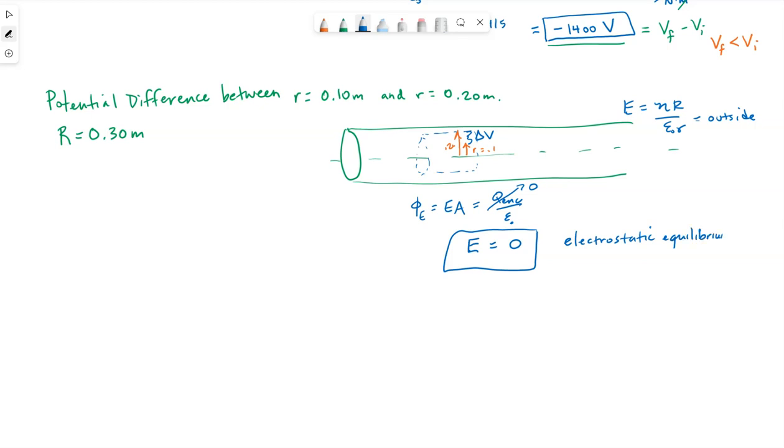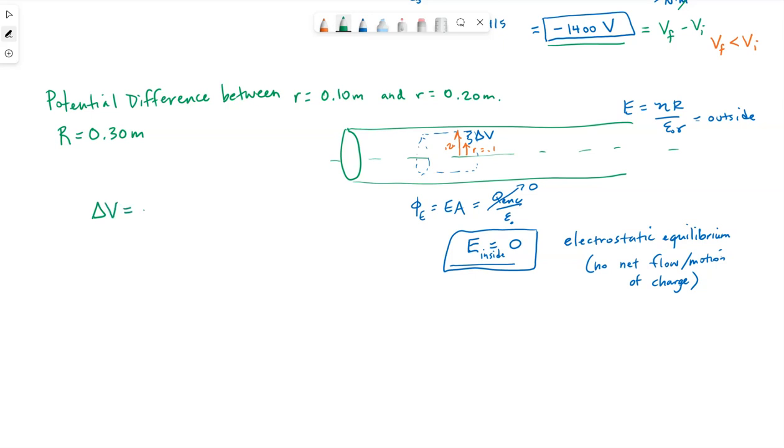This means no net flow or motion of charge. In this case, any conductor in electrostatic equilibrium has an electric field inside of 0. Okay.